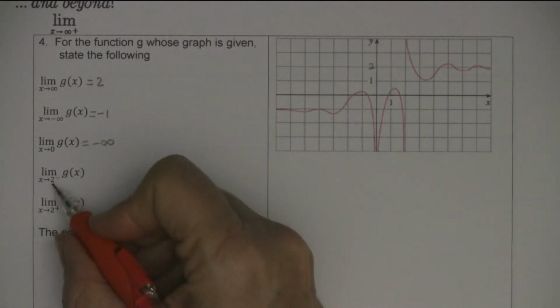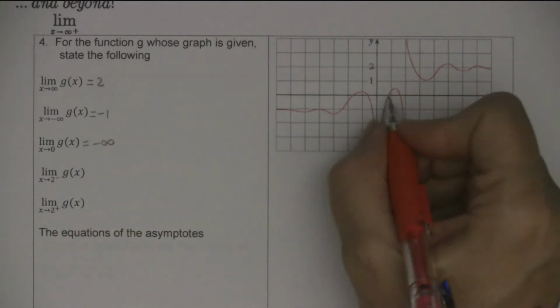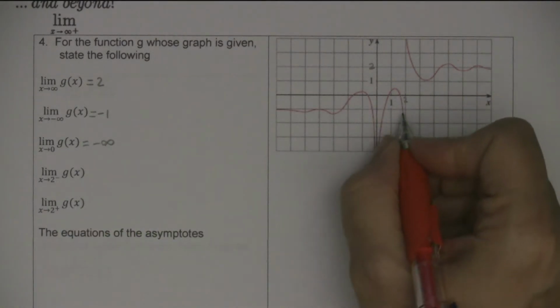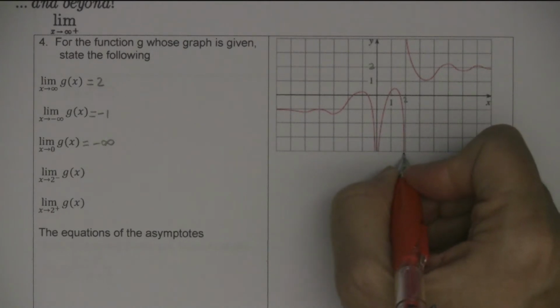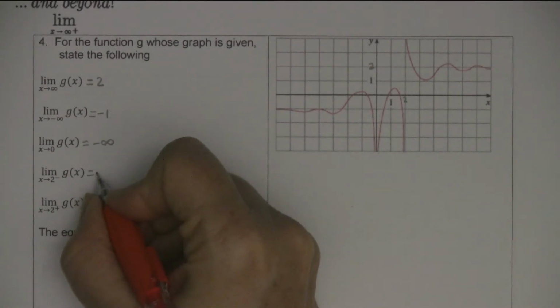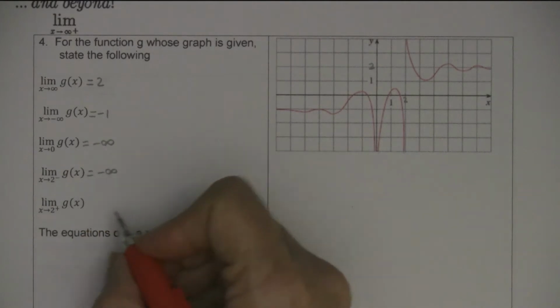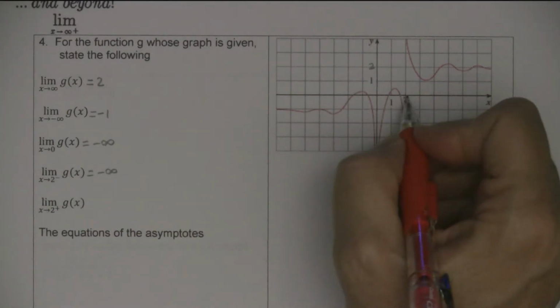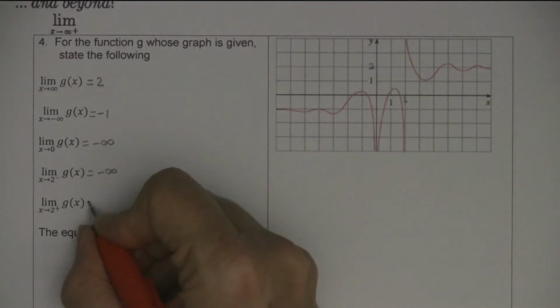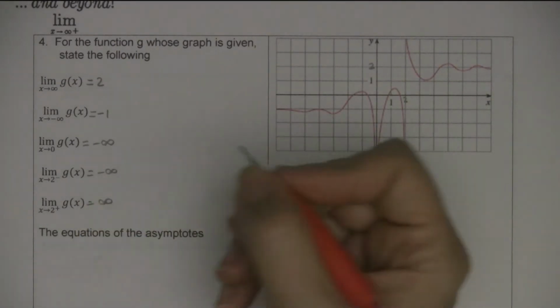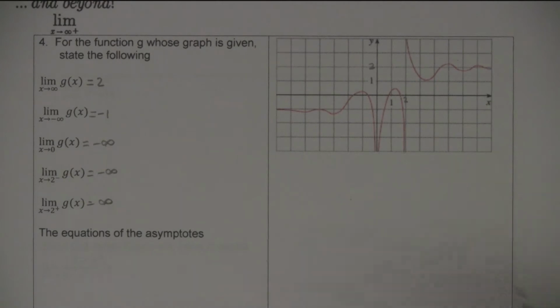As I get close to 2, but I stay smaller than 2, I would be on this side of 2, and that looks like that's going to negative infinity. And if I stay bigger than 2, that looks like it's going to positive infinity. And so off the graph, you can really kind of see where things are going.